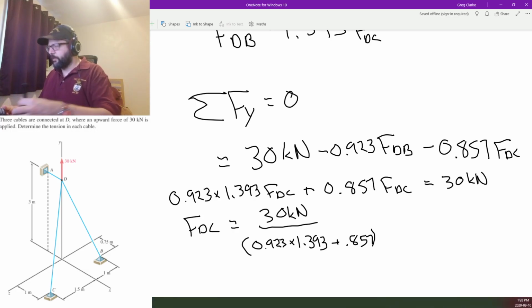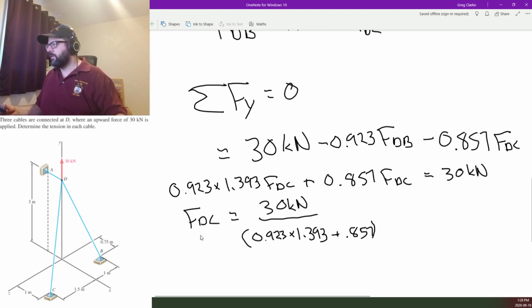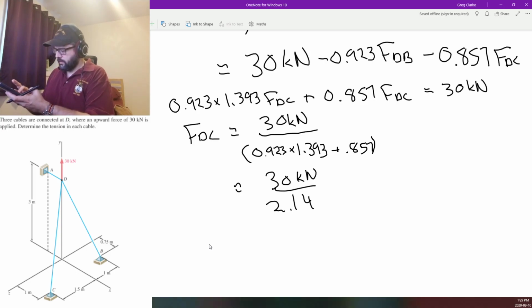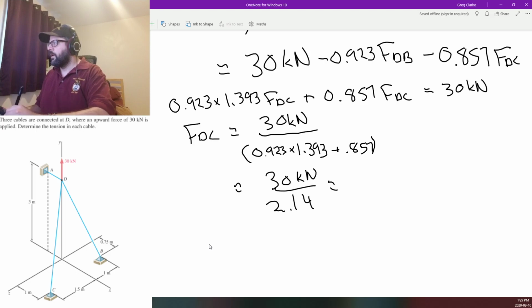So that bottom term there is equal to 2.14, which gives us an FDC of 14 kilonewtons.